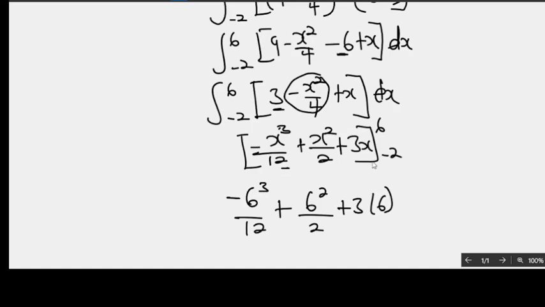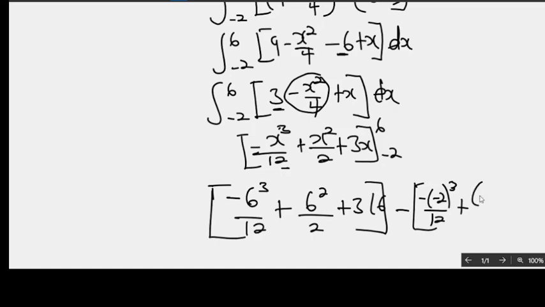Minus, all in bracket, negative 2 cubed on 12 plus negative 2 squared on 2 plus 3 times negative 2.